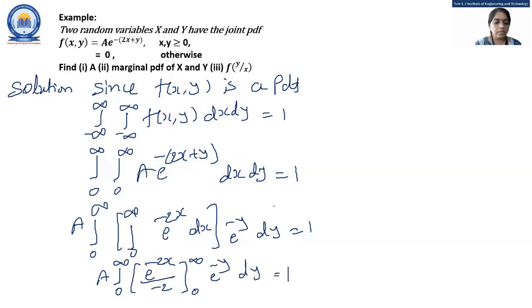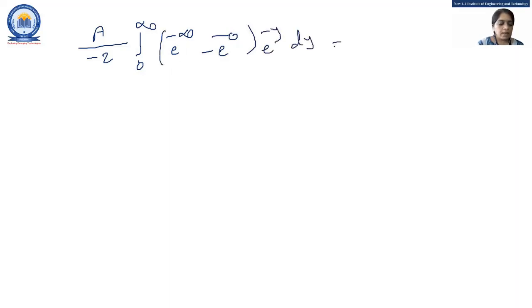So after simplification, here a by minus 2, e to the power minus infinity minus e to the power 0, into the integral of e to the power minus y dy is equal to 1. So a by minus 2, right? Here minus 1, integration from 0 to infinity e to the power minus y dy equal to 1.